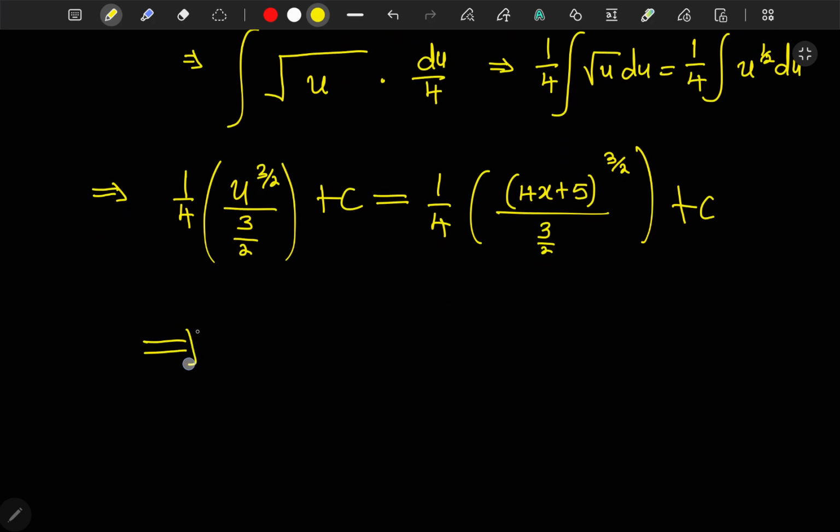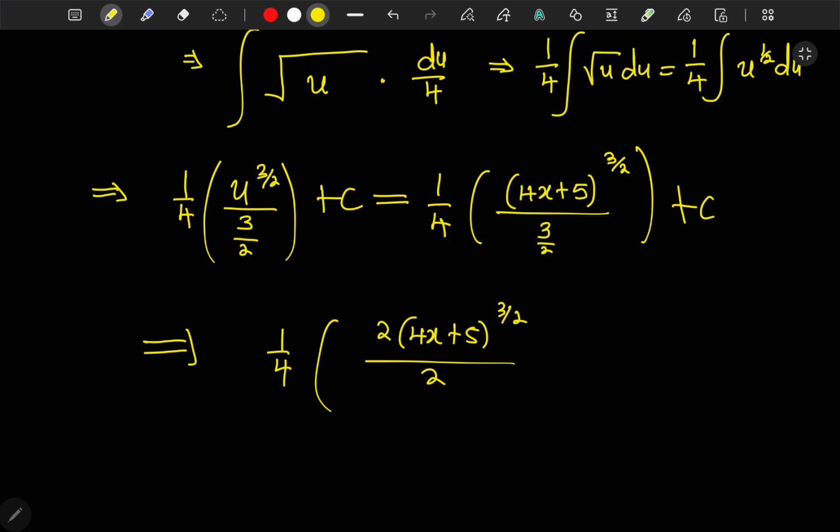Let's now simplify it. So this can go up. This will be 1 over 4. Then we have 3 over 2 multiplied by 4x plus 5, then to the power 3 over 2.